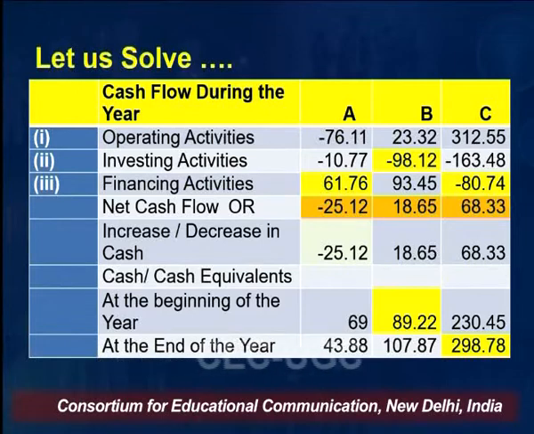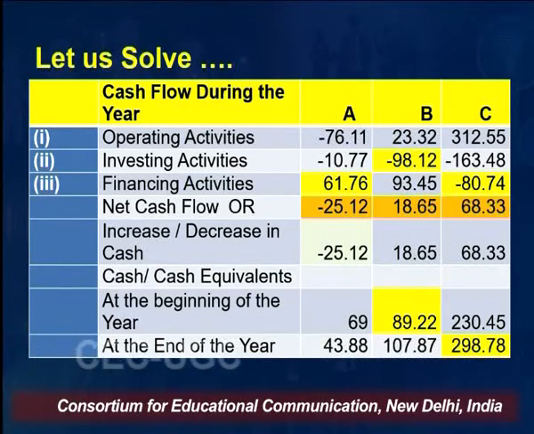Remember, increase and decrease in cash has deliberately been given here because the format of the question was demanding this term. Although net cash flow or increase or decrease in cash, they are the same thing. That is why both rows represent the same value, because there is no difference as such. The question provided us the opening balance as well as the closing balance.